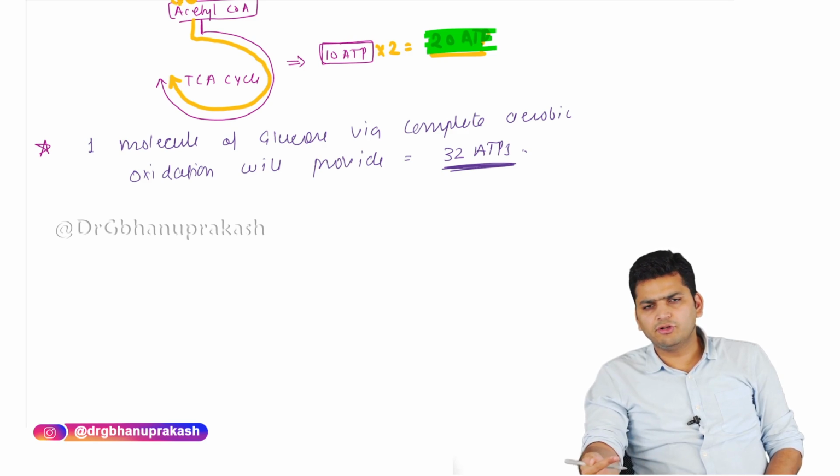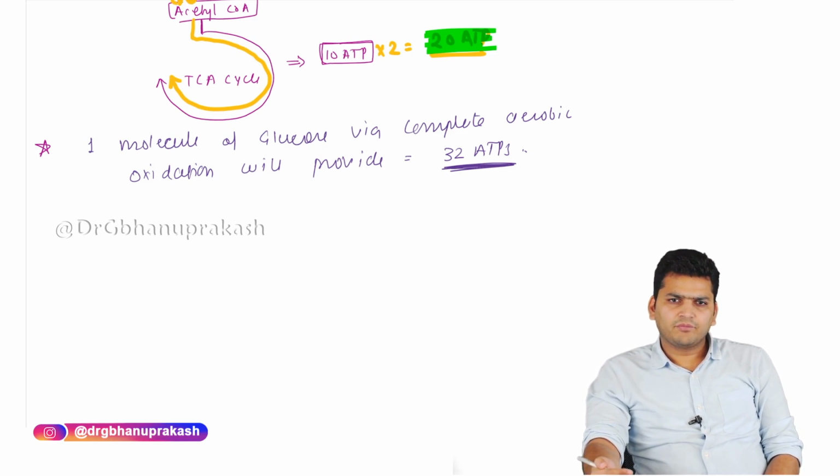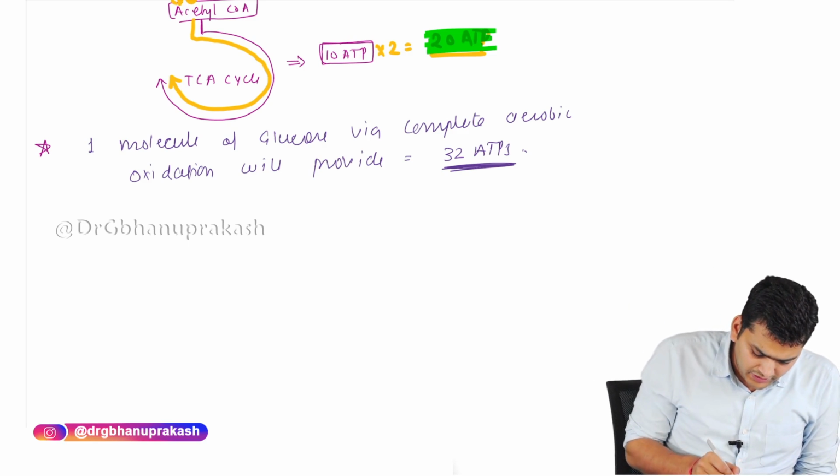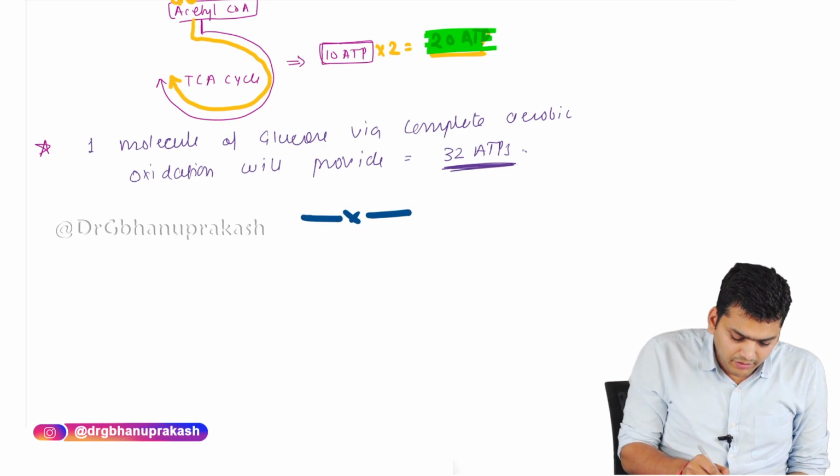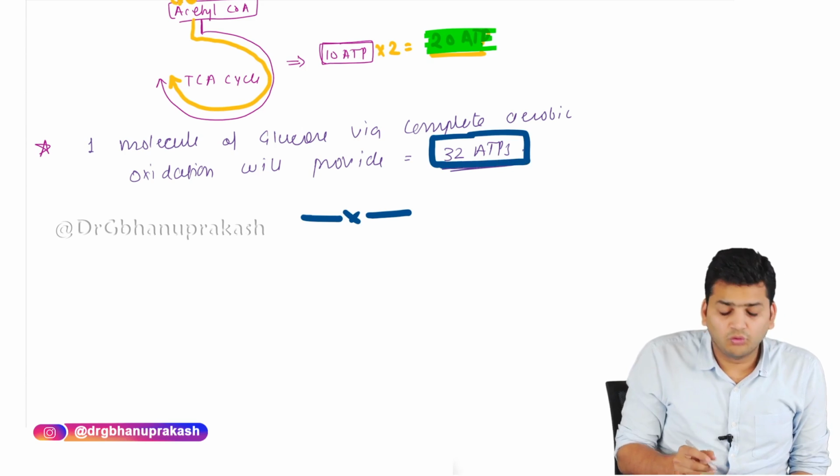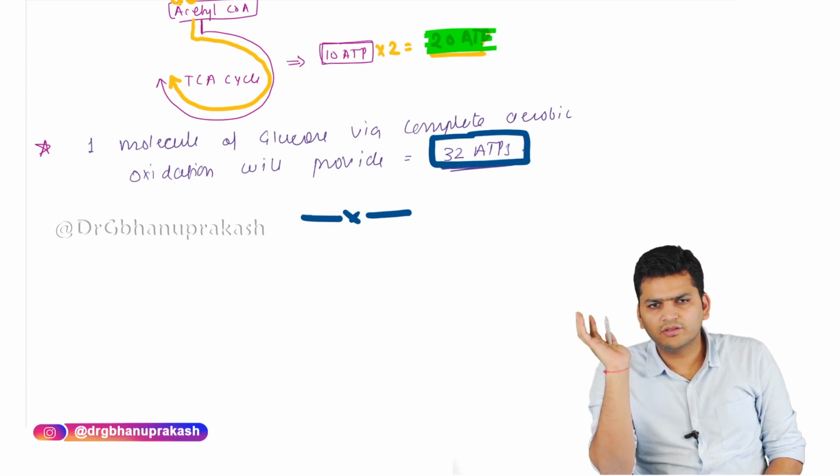So this is what we need to remember regarding the TCA cycle. Yes, these are the things to be remembered. 1 molecule of glucose, after all these steps, is going to give us 32 ATPs.